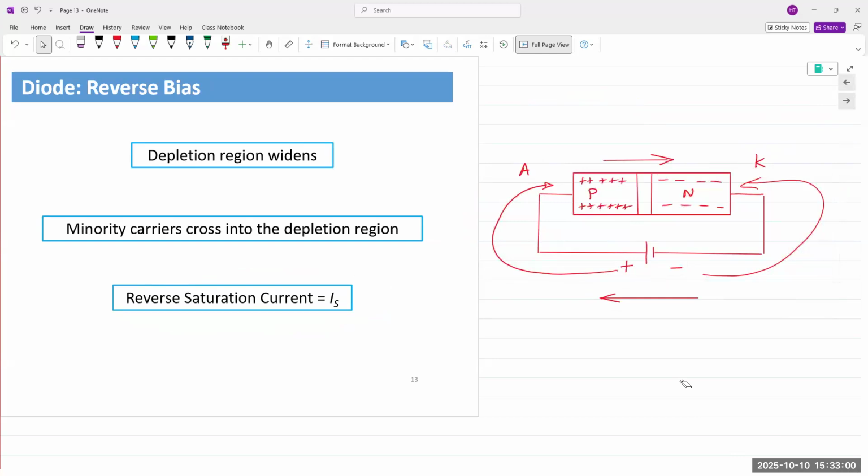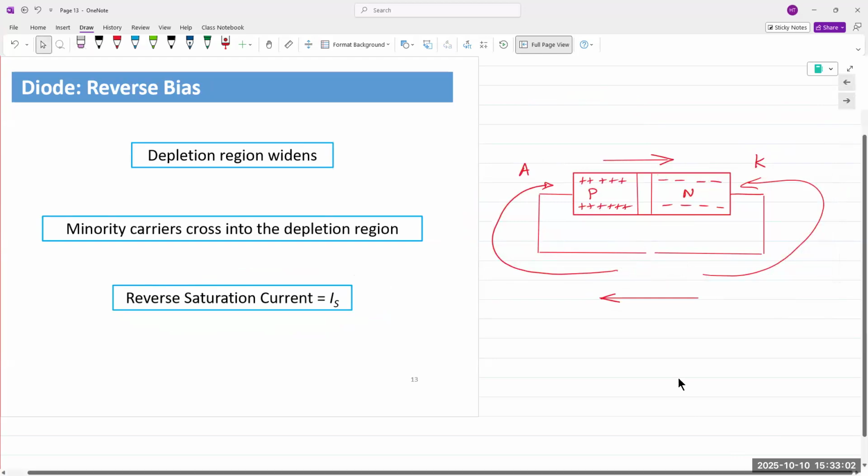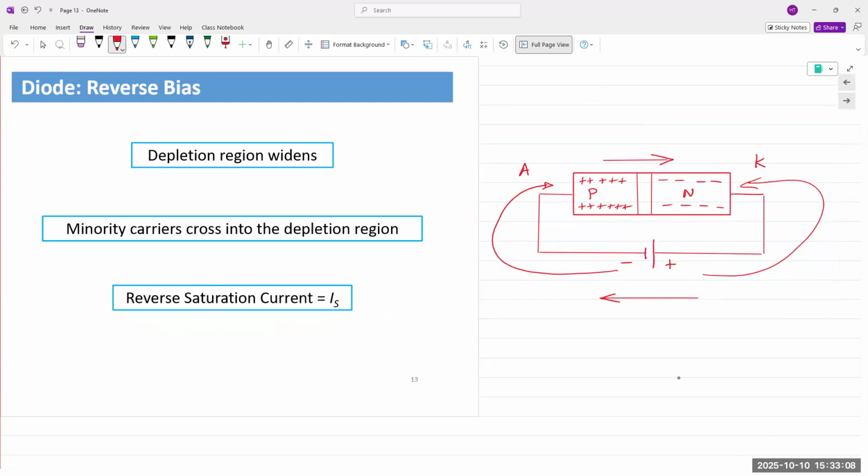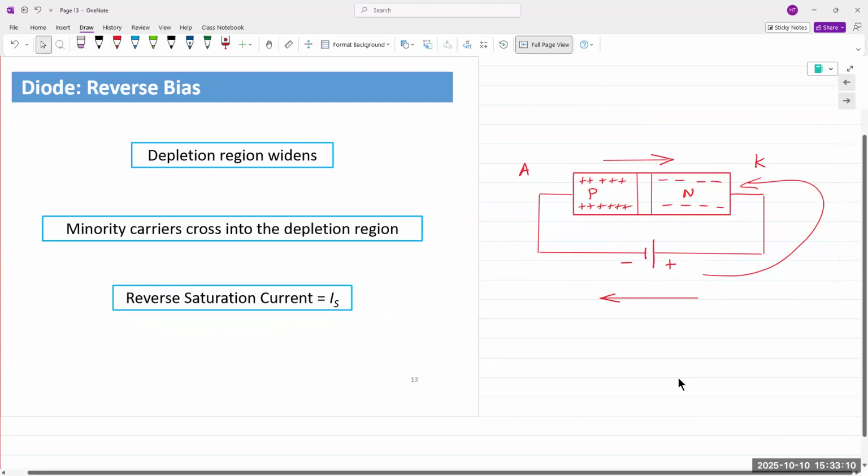All right, so in this case now, we have negative, we have positive. What is happening is the holes are attracted away from the junction, so are the electrons.